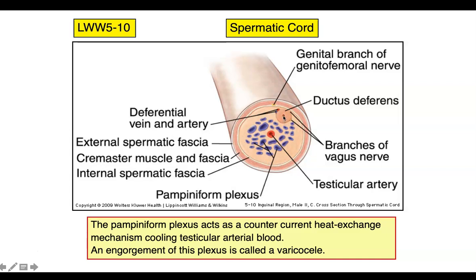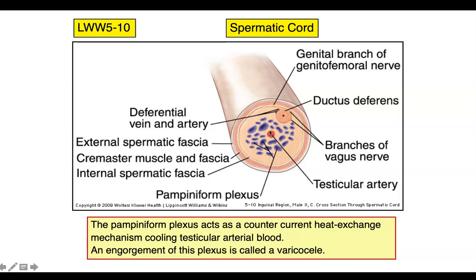Ductus deferens, or vas deferens, is a muscular tube that carries sperm from the epididymis to the prostatic part of the urethra. And also it has the testicular artery. The testicular artery is a branch of the abdominal aorta. It is also exiting through the deep inguinal ring and superficial inguinal ring, and is going to supply the testis.